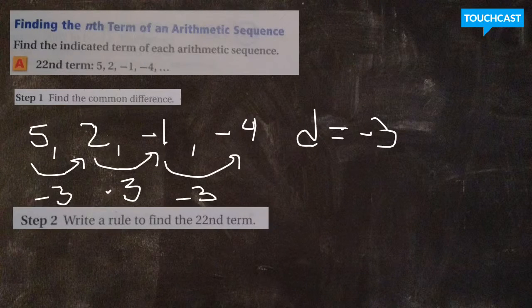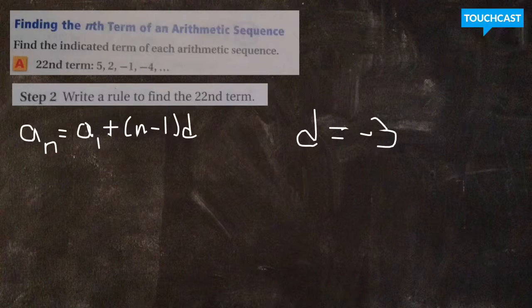Now we're going to use that formula to write a rule for the 22nd term. So we're going to use the formula a sub n is equal to a sub 1, or the first term, plus n minus 1 times d. So we've already found what the common difference is. We should also know what the first term is, and that's just the first number in the sequence.